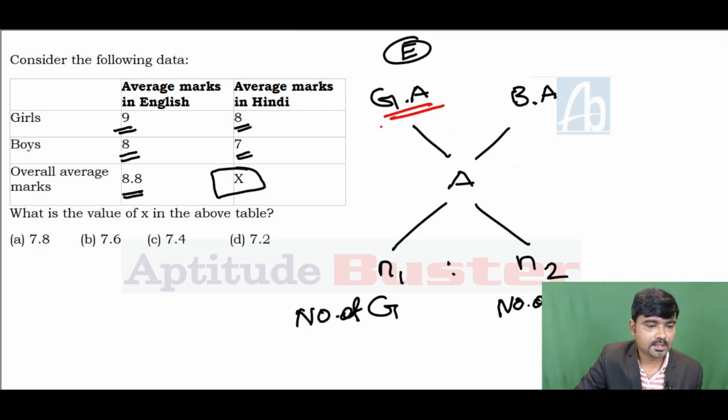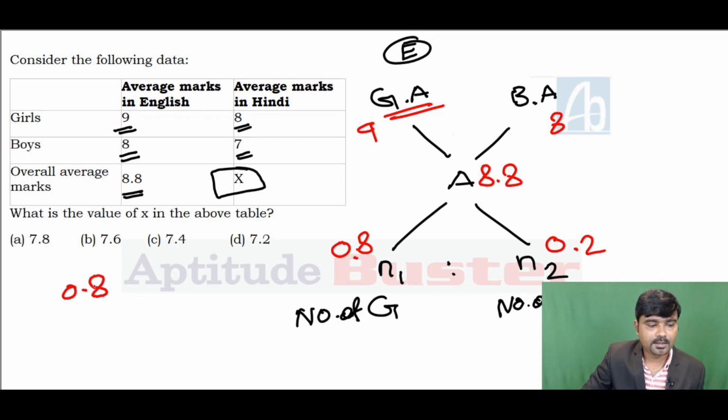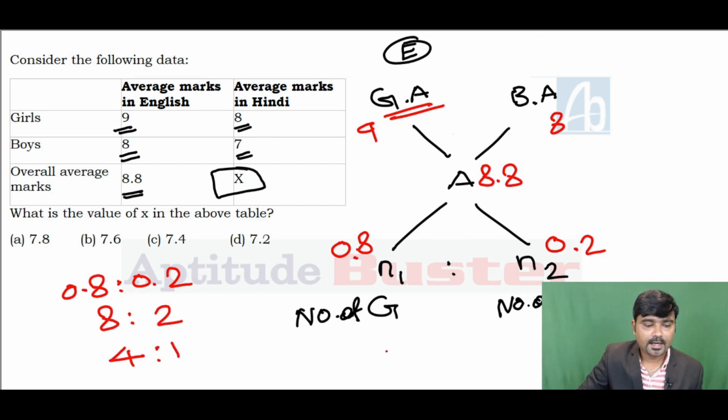Girls average is 9, boys average is 8, the overall average is 8.8. 9 minus 8.8 is 0.2. 8.8 minus 8 is 0.8. What's the ratio? The ratio is 0.8 is to 0.2, or 8 is to 2, or we can write 4 is to 1. Number of girls and number of boys ratio is 4 is to 1.